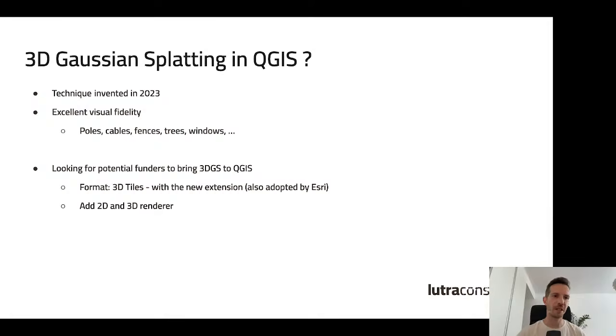The great thing is that even nowadays you already have some open source tools that you can use to take your imagery and get the scenes trained to Gaussian splatting scenes.